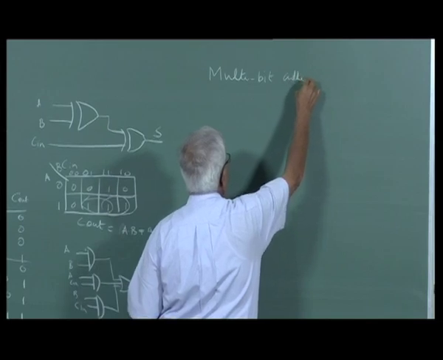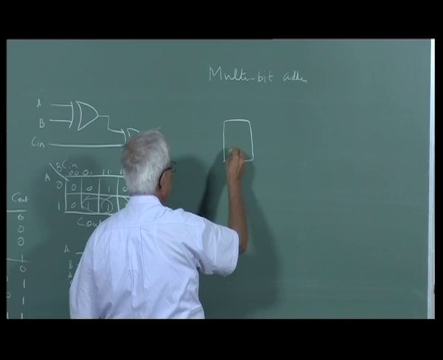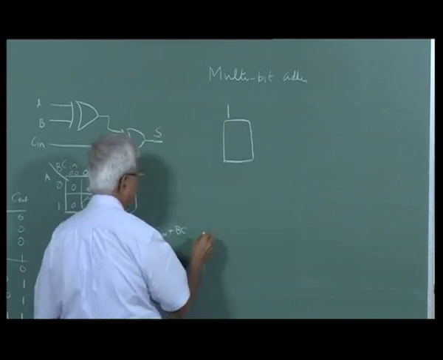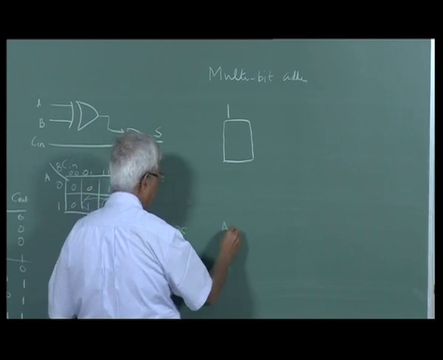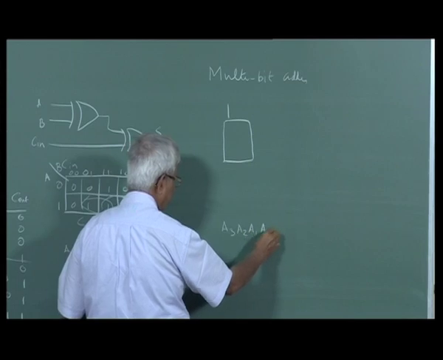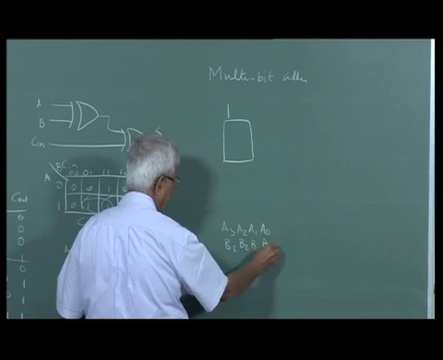several of these. I have one input where I feed, so let us say there are 4 bit inputs, A3, A2, A1, A0, one number, B3, B2, B1, B0 second number.